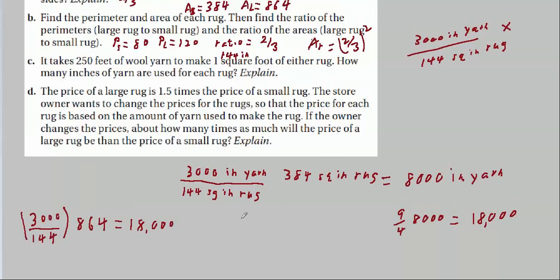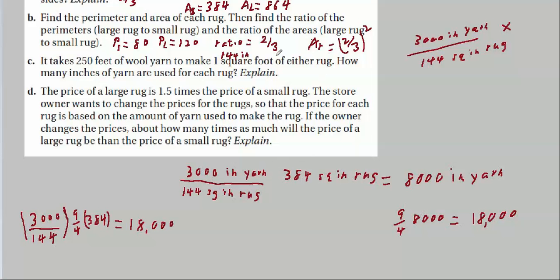Why? Well, essentially, if I replace this 384 with 9/4 of 384, and then pull the 9/4 out, I have this equation right here. If you get what I mean. In other words, in order to compute the large area, I could have done it this way.